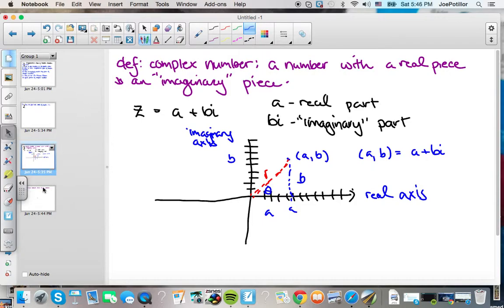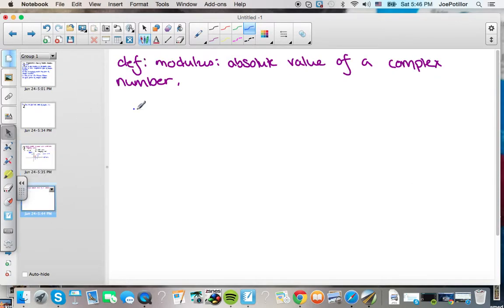I'll write this on the next page. R squared equals a squared plus b squared. And simply put, thus from here, r is equal to the square root of a squared plus b squared.